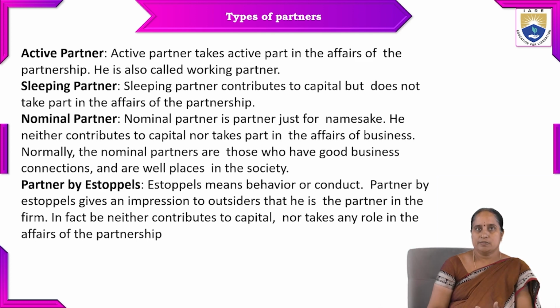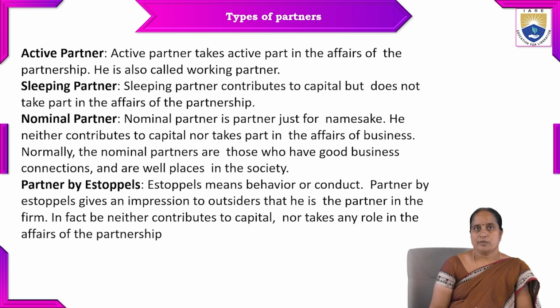And third category is nominal partner. So as the name itself indicates, this kind of partner is just for namesake. He neither contributes the capital nor takes part in the business affairs. So normally the nominal partners are those who have good business connections and are well placed in the society.